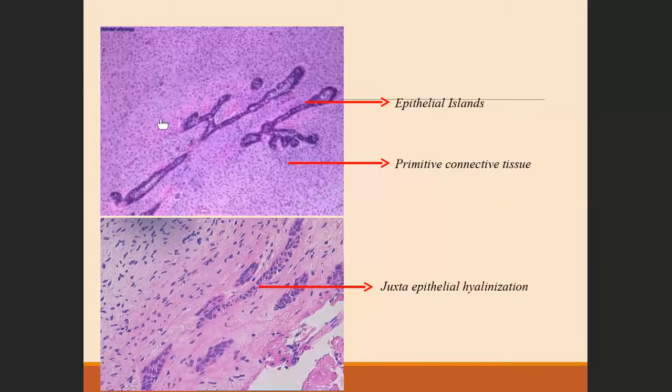Whereas here you find a more cellular stroma, just like the dental papilla, loosely arranged, elongated cells. Okay, and surrounding this island, I think in the second figure it is more clear. Now this is an epithelial island. Surrounding that you can see a pink zone. This is called juxtaepithelial hyalinization, and this is nothing but the exuberant basal lamina.